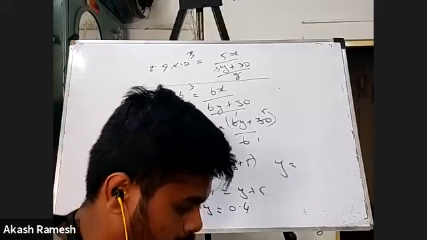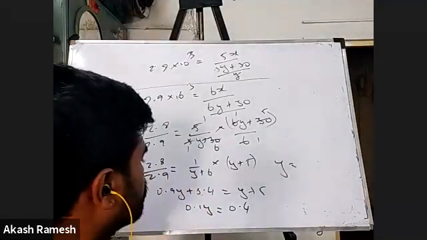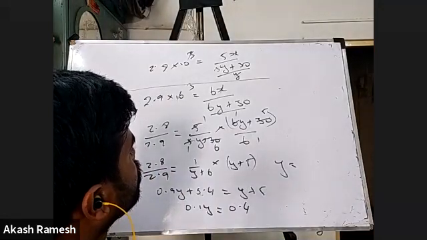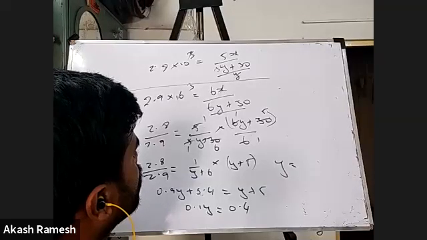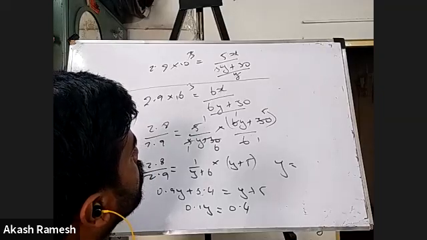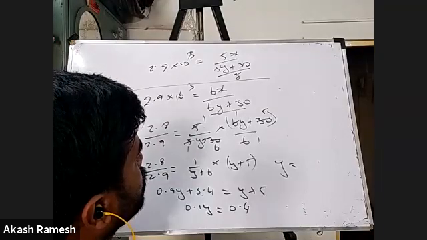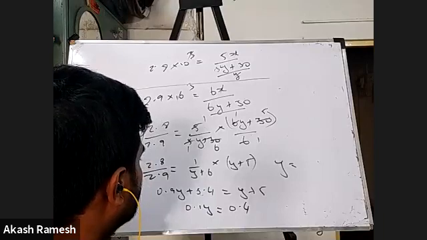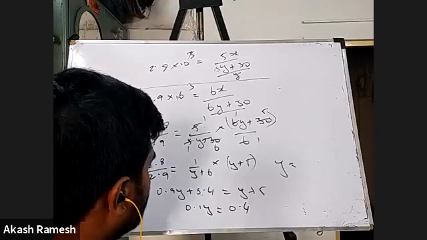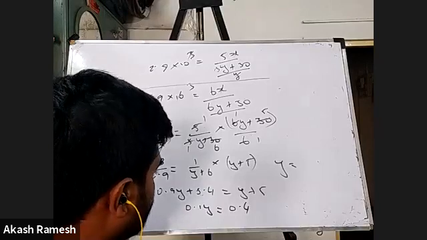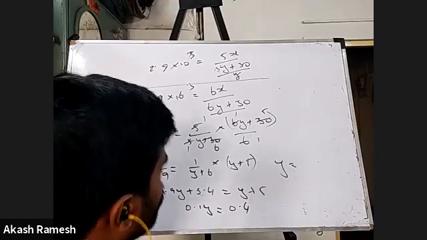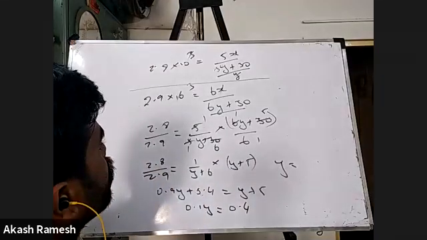The answer cannot be 4. Everything we did seems correct. 2.8 by 2.9 is 0.9, 0.9Y plus 5.4 is equal to Y plus 5, so 0.1Y is equal to 0.4. There is something we are doing wrong.